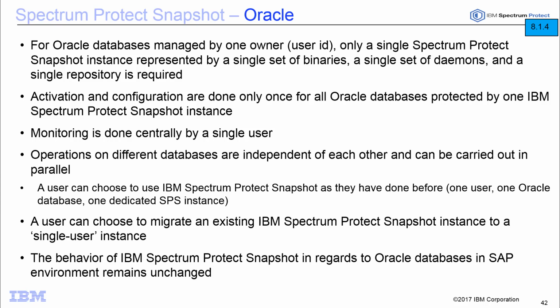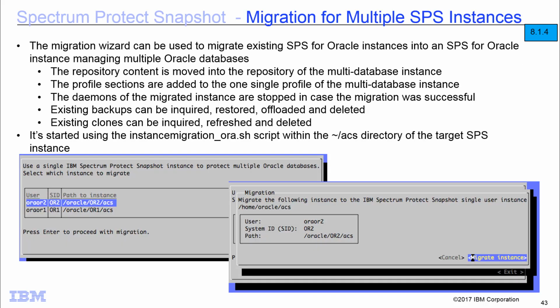Now, if you do come from an older environment where you have multiple installations of Spectrum Protect Snapshot controlling these multiple databases, we have delivered a graphical migration wizard for you to use against those installations.